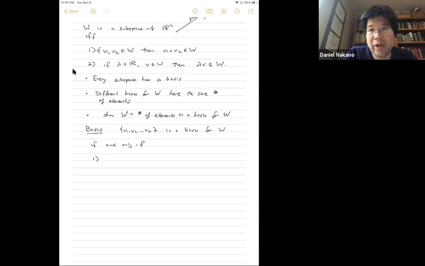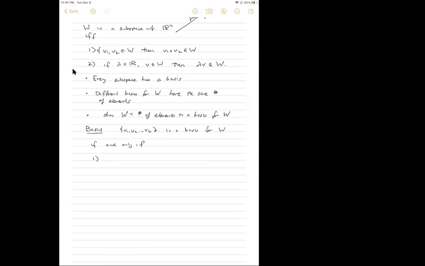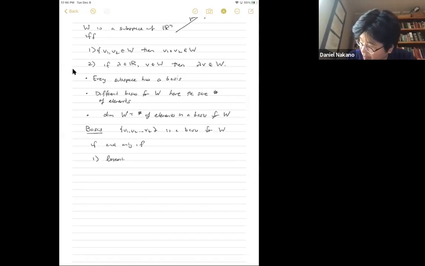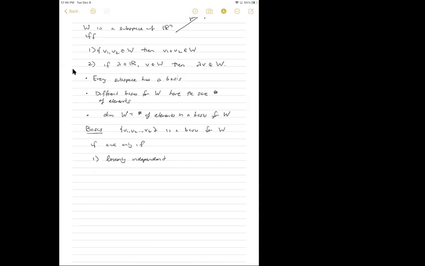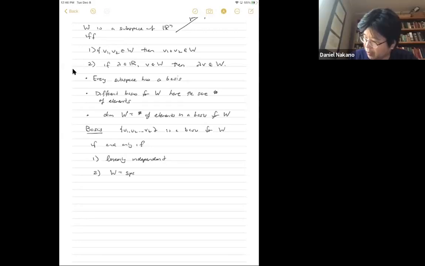What properties do you have to check for a set of vectors to be a basis? The set of vectors are linearly independent. Good. So the first thing is they have to be linearly independent. And W has to equal the span of the vectors. Good. So W has to be the span of the vectors, so every vector is a linear combination of these vectors. Make sure you have this definition down. I guarantee you, you're going to be tested on this.